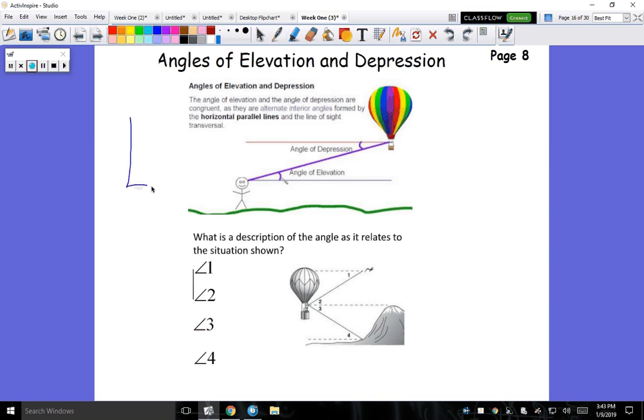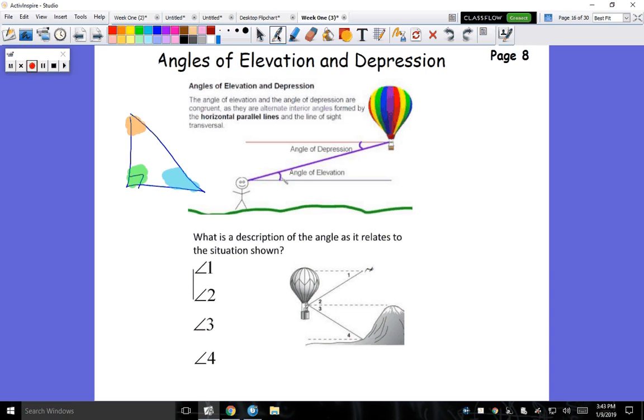Alright, here we go. Right triangle. Orange angle, blue angle. And let's say green angle. Is the blue angle of elevation, angle of depression, or neither? Look at the blue angle. Is it angle of elevation, angle of depression, or neither?